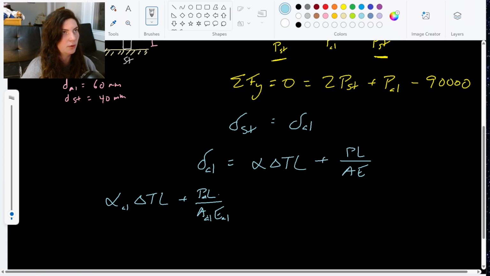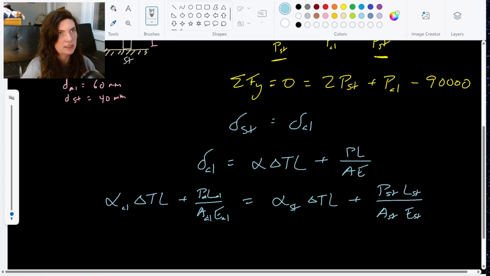Oh, this is load AL, length AL equals thermal coefficient of expansion of steel, delta T times the length, plus load steel, length steel, over area steel, modulus of elasticity of steel.